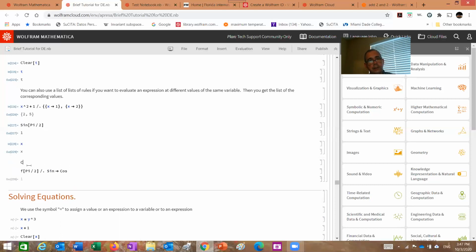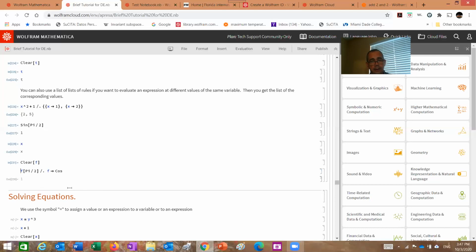So we're going to clear f, and then you press shift enter, you have cleared the f. And then we are going to put the f, but I don't have any expression for the f. But now I'm going to replace the f by cosine.